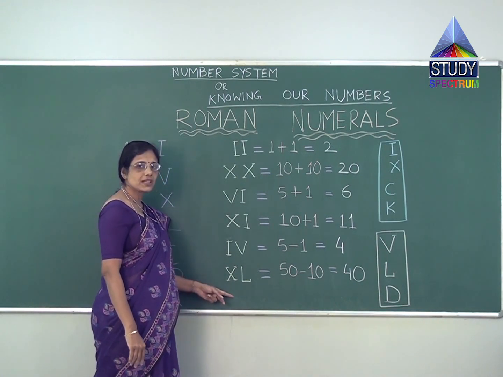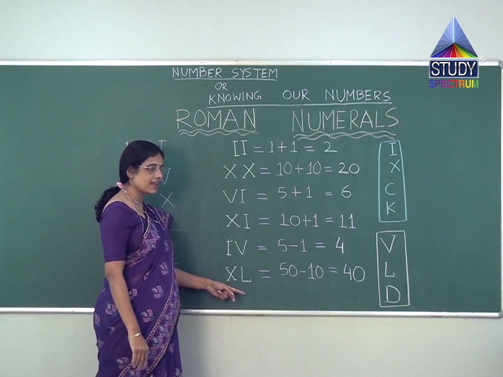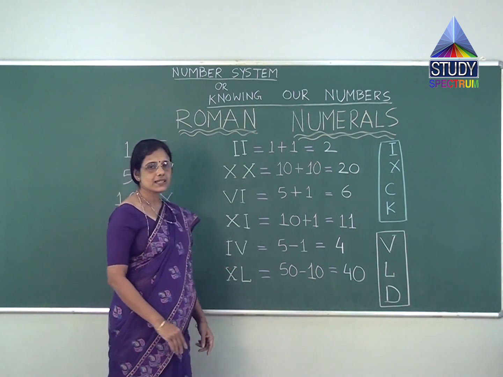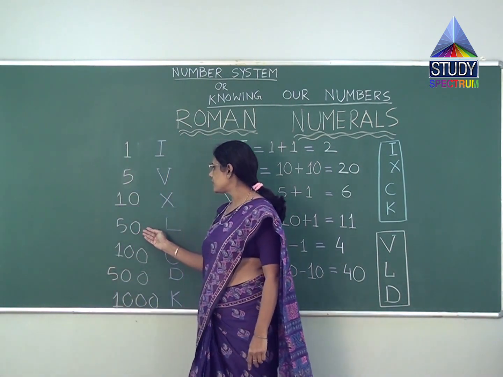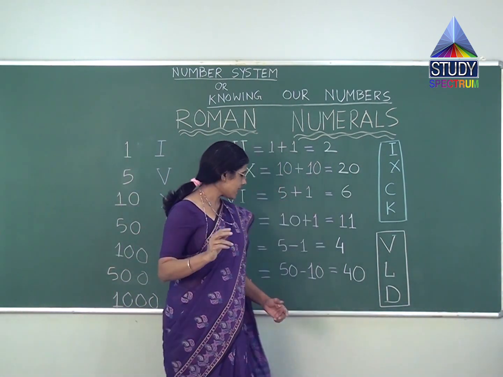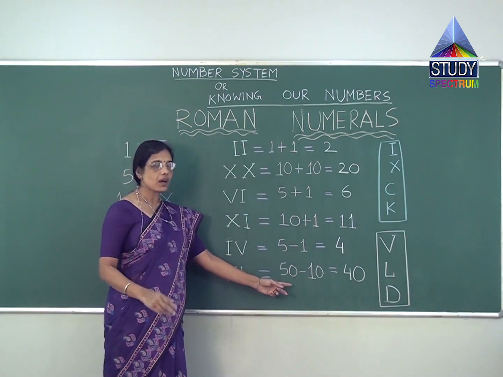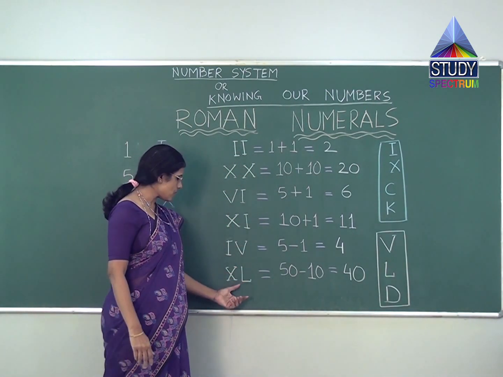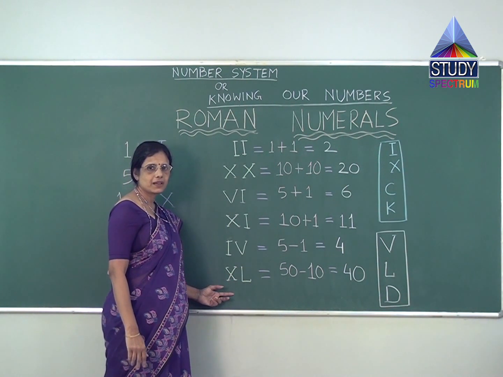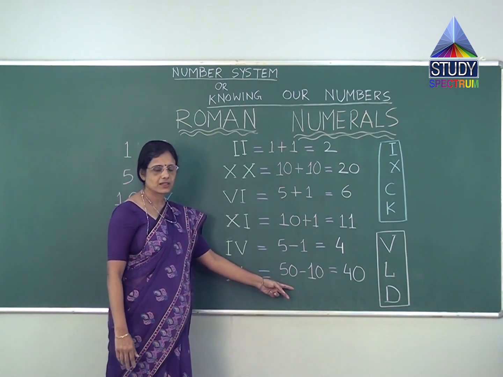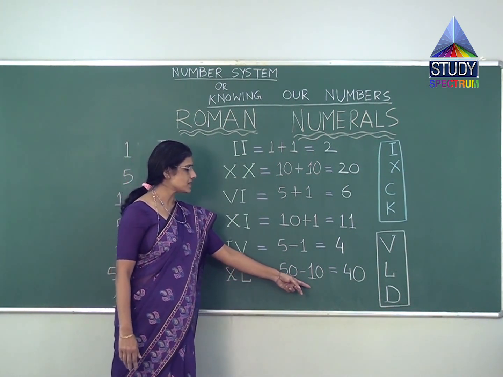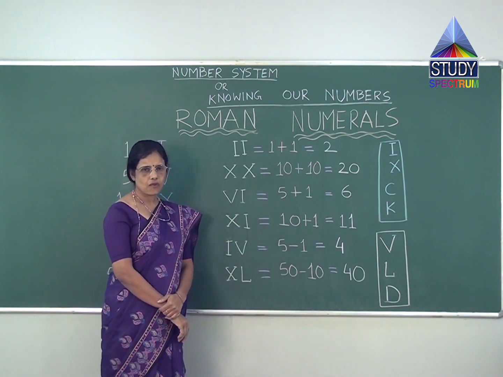I have not used the L. XL. What is L you see here? L is 50. X is 10. XL means you have to subtract. Smaller one is left side of the bigger one, so I have to subtract. So it is 50 minus 10, which will give you 40.